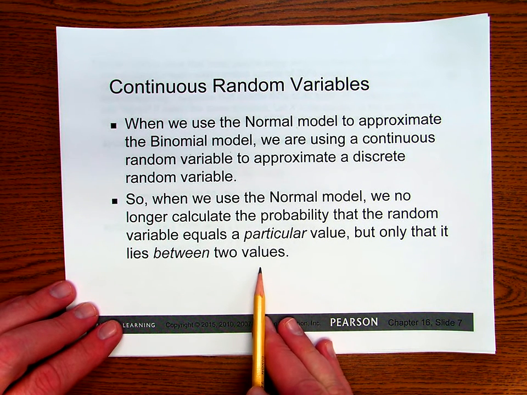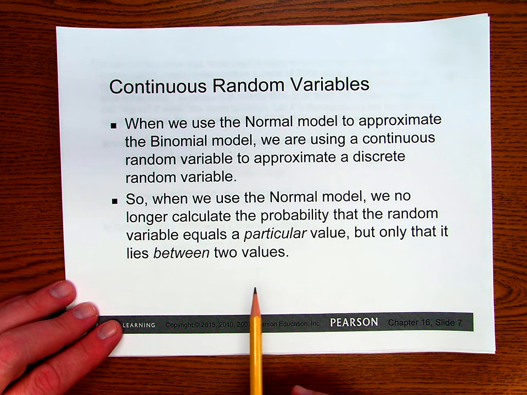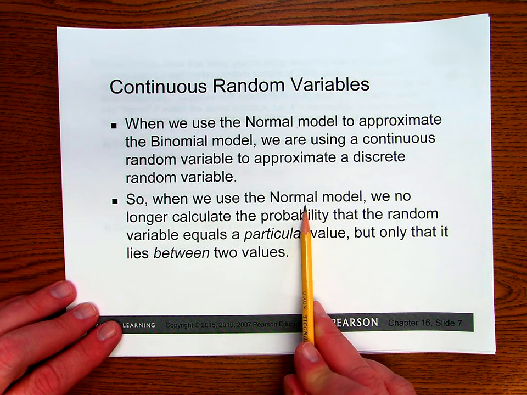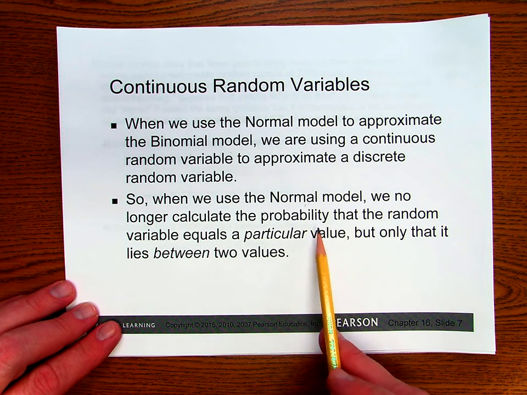So even if the conditions get met in terms of approximating a binomial distribution with a normal distribution, you can't necessarily calculate all the same stuff. Specifically meaning, once we go to the normal, which is a continuous problem, you can't do exactly so many successes. We only can do a range of successes.